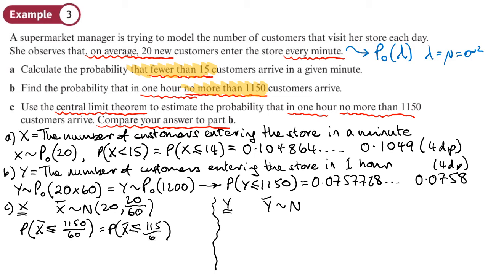So we go to our normal distribution on our calculators. So menu 7, normal CD. Now I'll type in, maybe I'll draw a little diagram so we can see what we're working out here. Yeah, so here my mean is 20. And what number was it? 115/6.